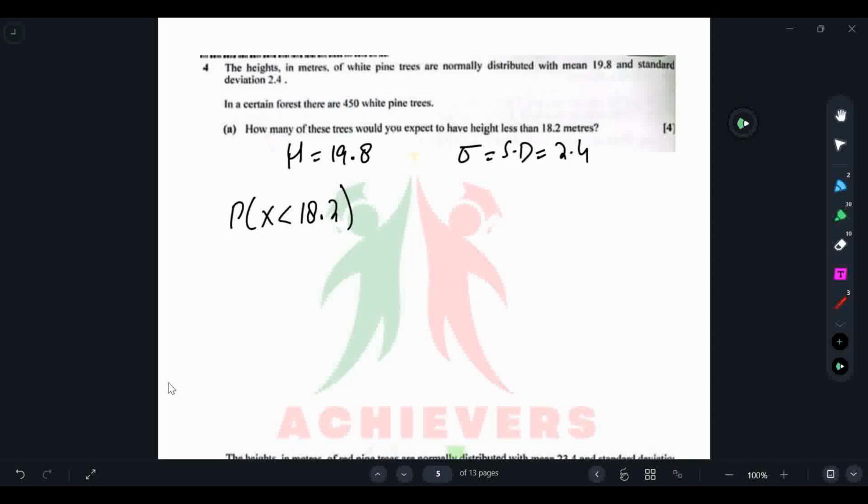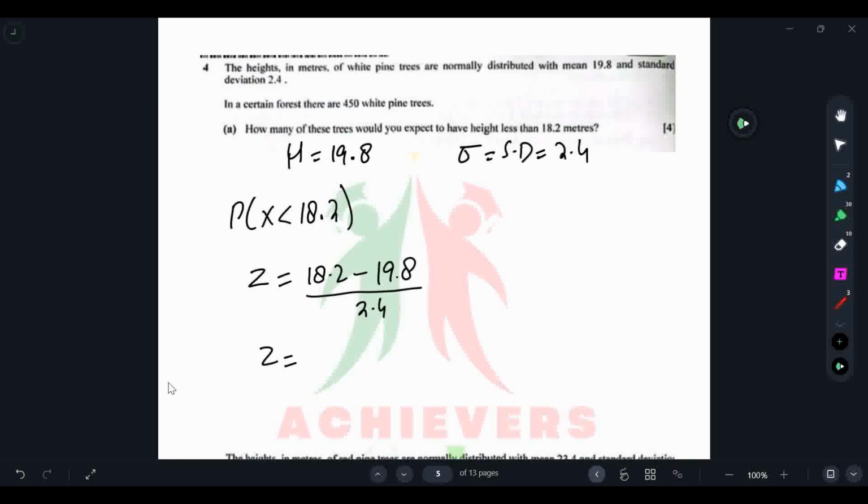now first of all we have to find out the value of z. So z will be equals to 18.2 minus mean 19.8 divided by sigma 2.4.